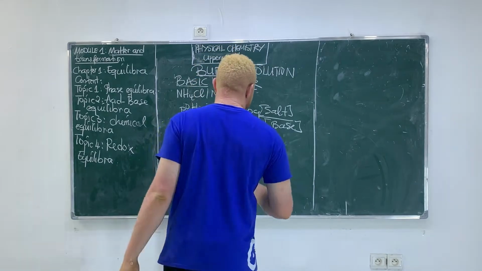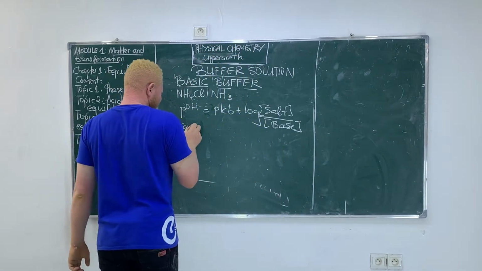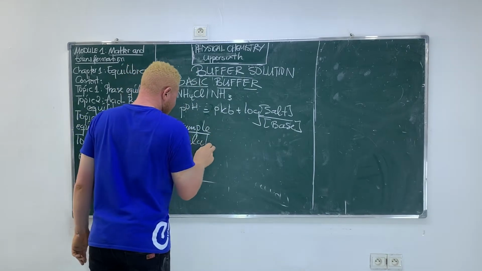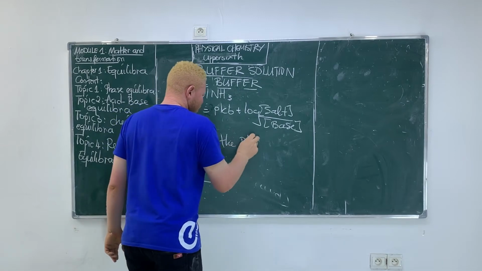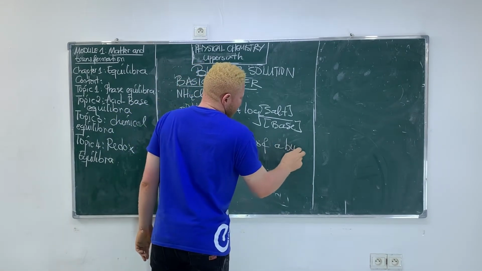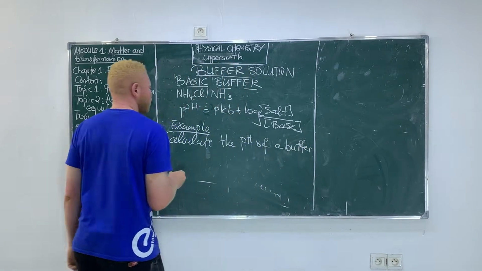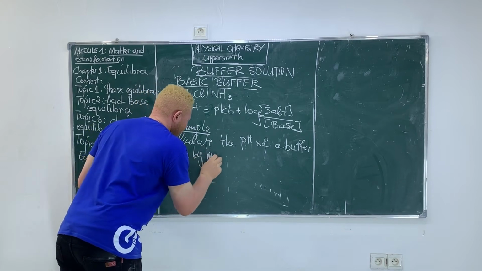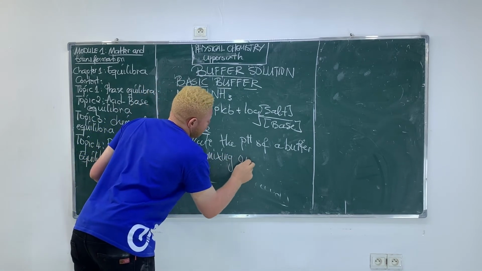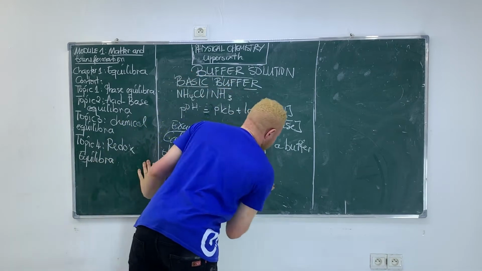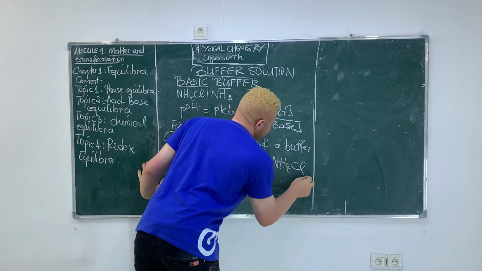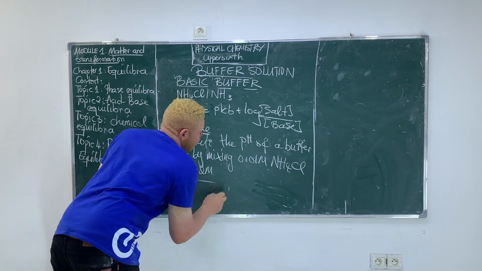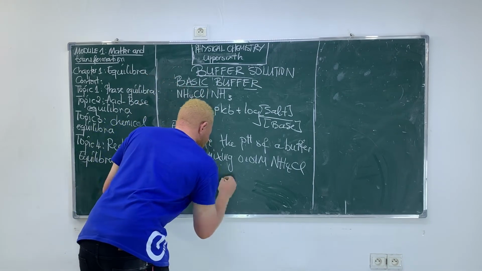Example: calculate the pH of the buffer obtained by mixing 0.01 molar ammonium chloride and 0.02 molar ammonia.